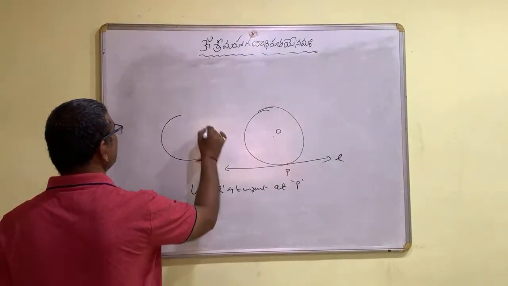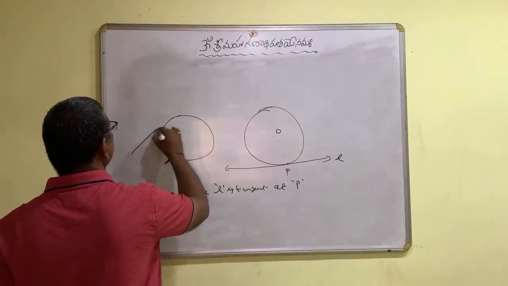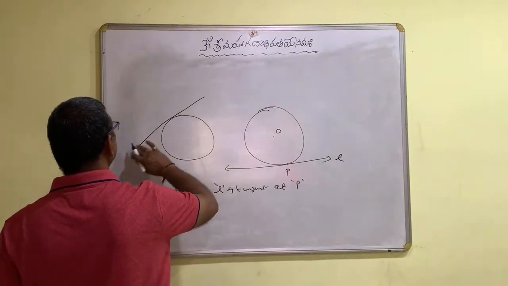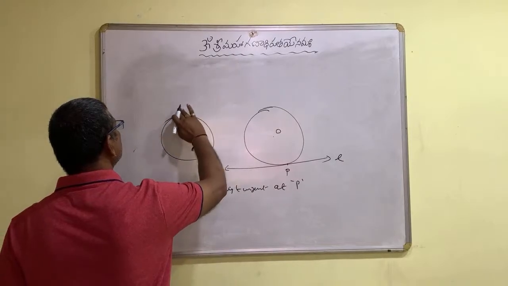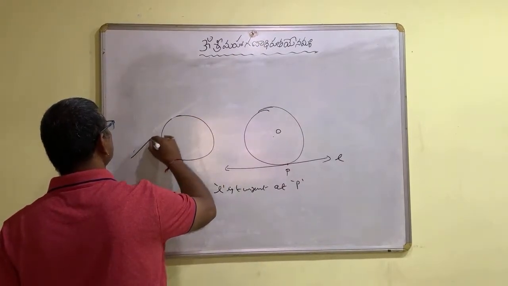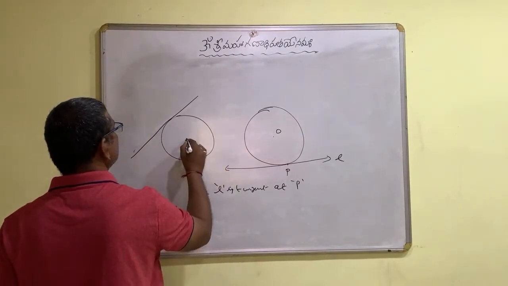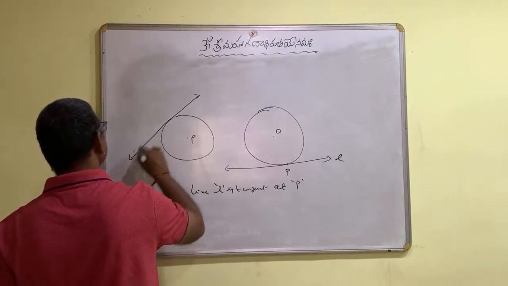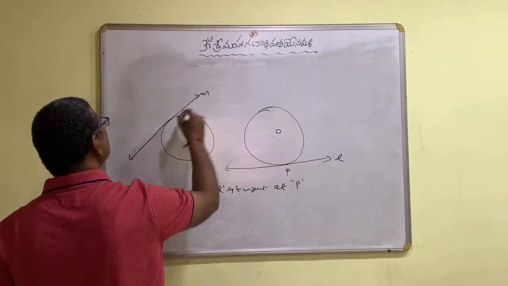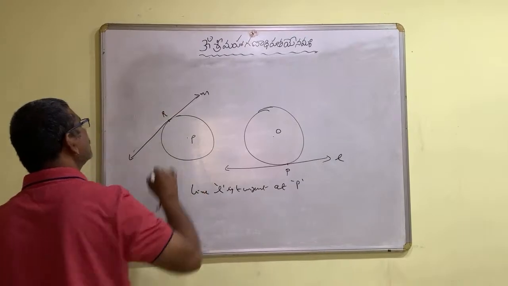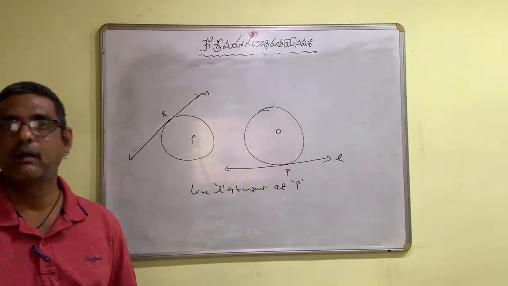Now you can see here, there is another circle and there is another tangent. Observe this figure.